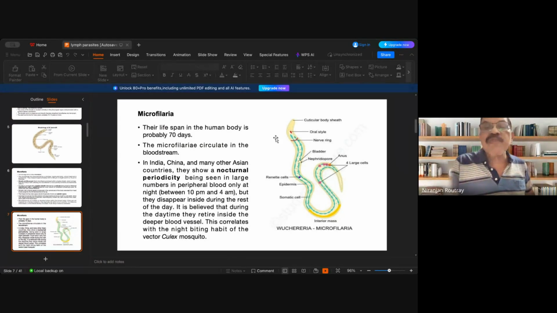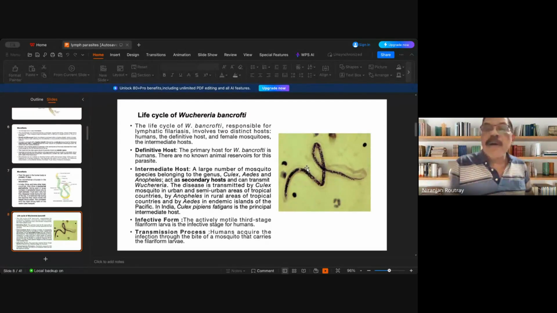So all the structures which we have described here, this is the structure of the microfilaria, and you can see this part is the actual body, and the covering cuticular body sheath covers the animal loosely so that the animal can move forward and backward. Now, life cycle coming.